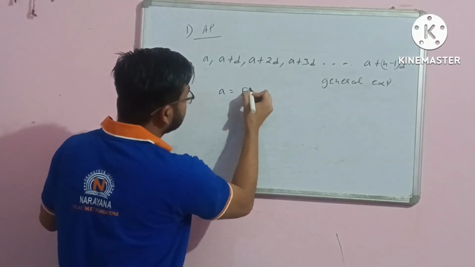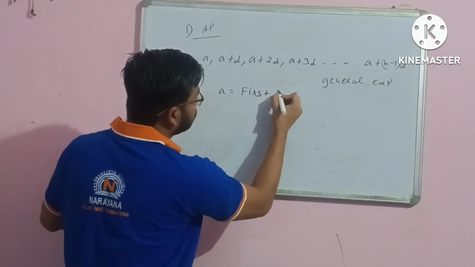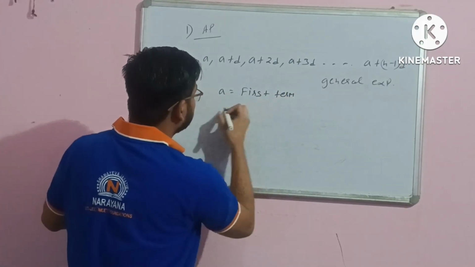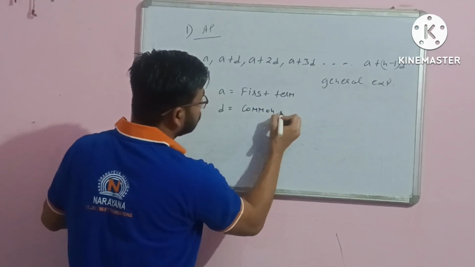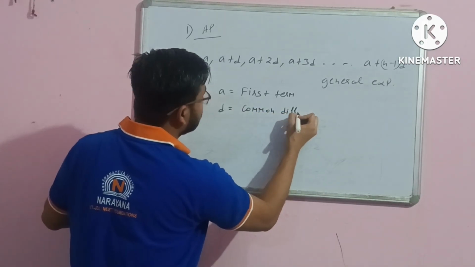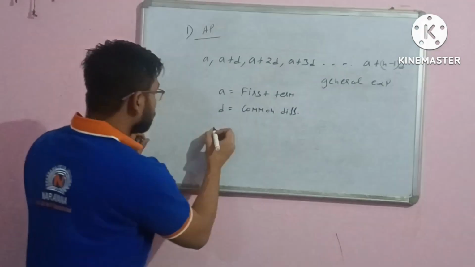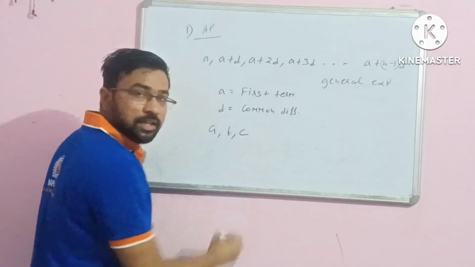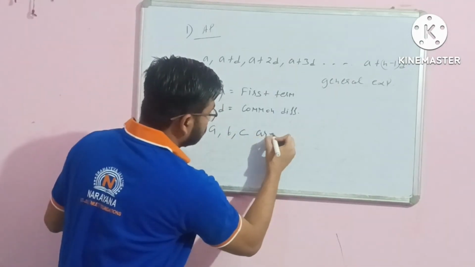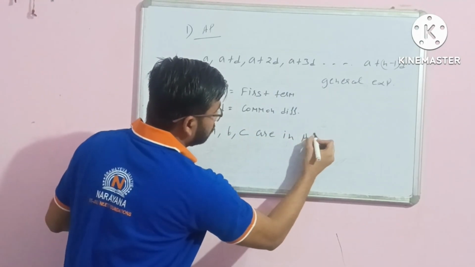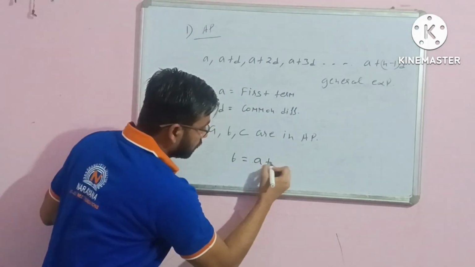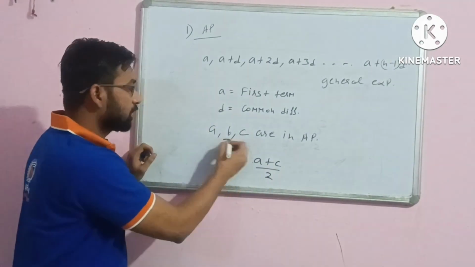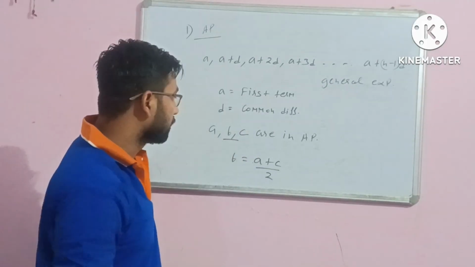Suppose A, B, C are in AP, then we can say that B equals (A plus C) by 2, and here B is the arithmetic mean of this AP.